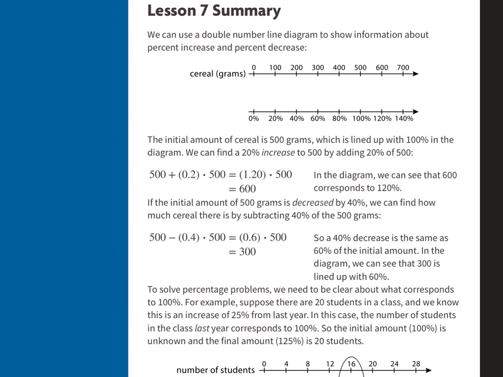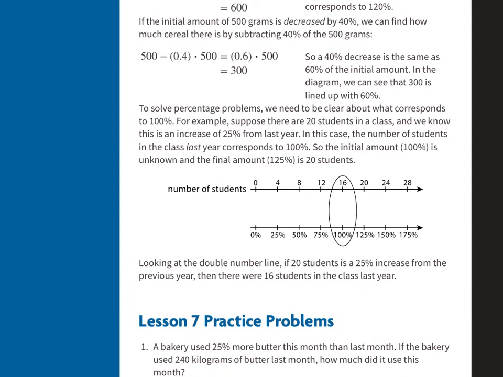If the initial amount of 500 grams is decreased by 40%, so 100% minus 40% is 60%, then we go 500 times 60% and we get 300. So a 40% decrease is the same as 60% of the initial amount. In the diagram, we can see that 300 is lined up with 60%.